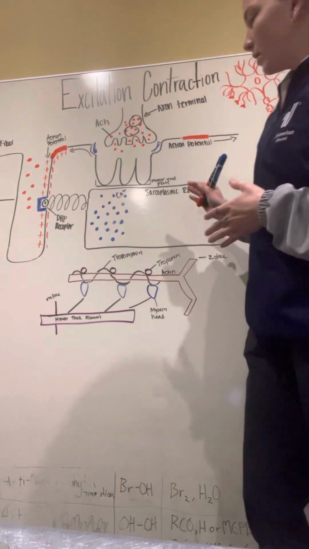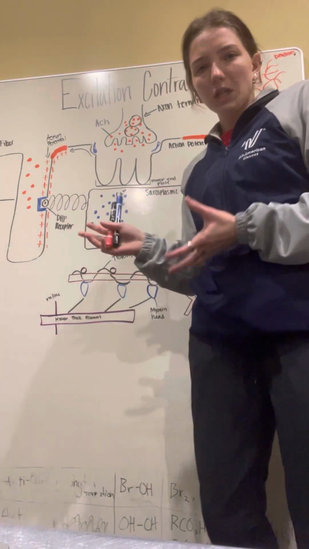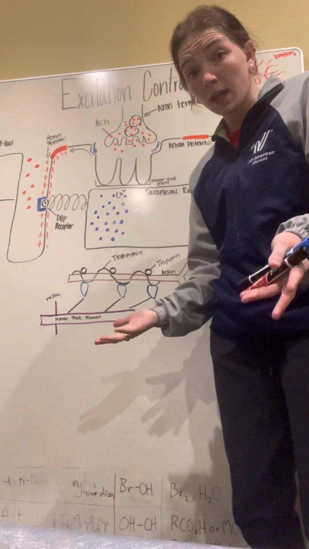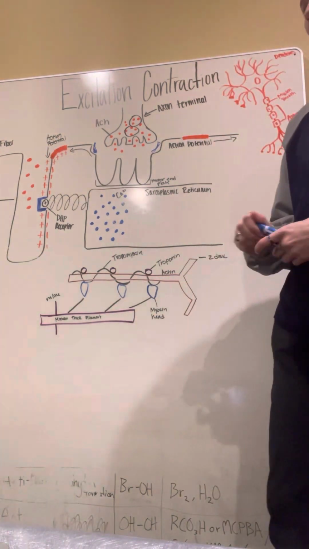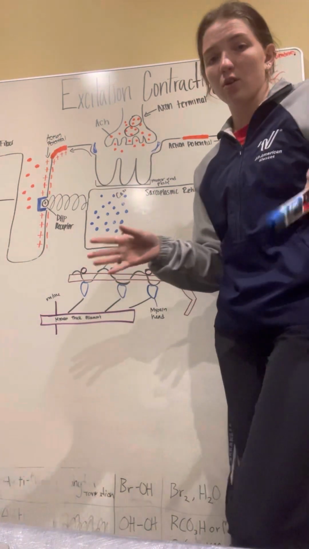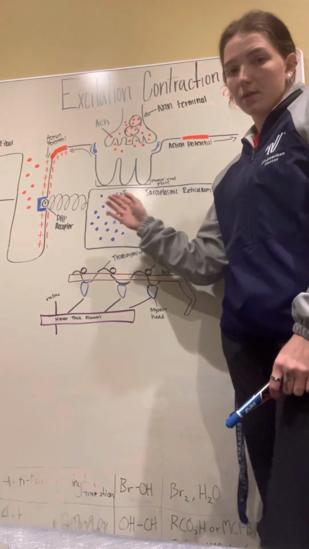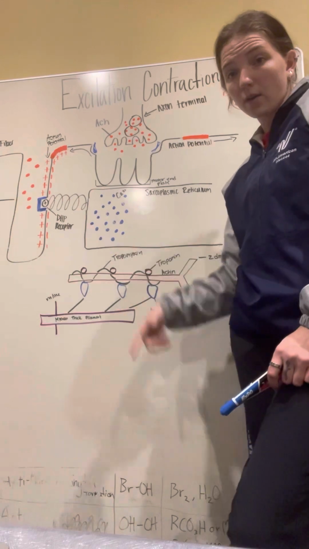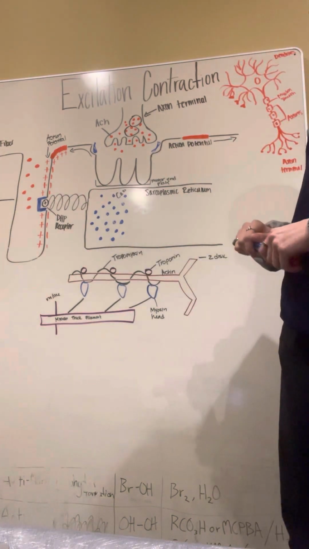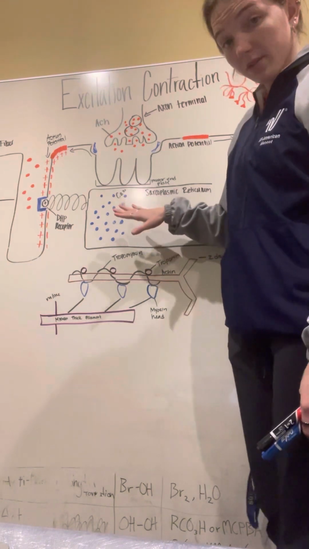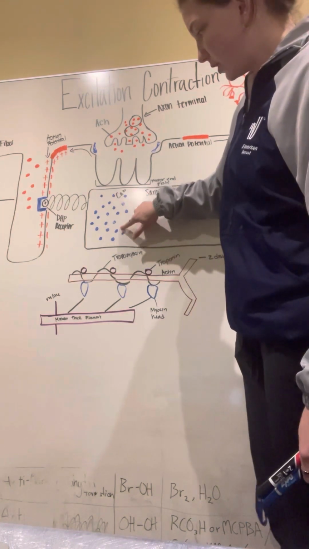But we don't want these calcium ions to just rush out the gate. So we have another receptor, and that's going to be the RYR receptor, that's going to control the flow of these guys right here, of this calcium ion. And when this calcium is released from the SR, they start going away.